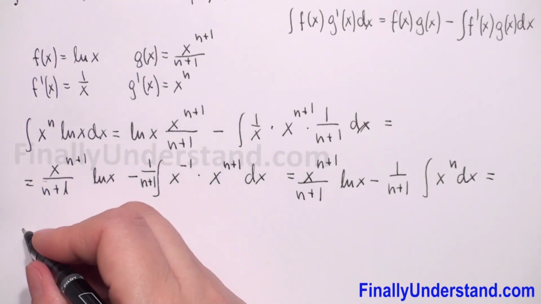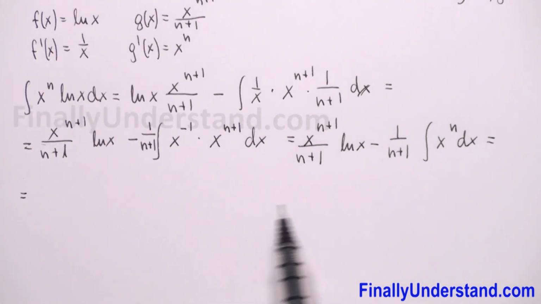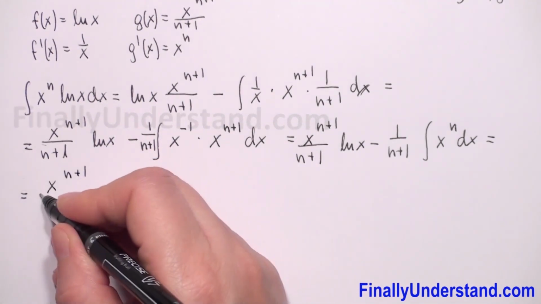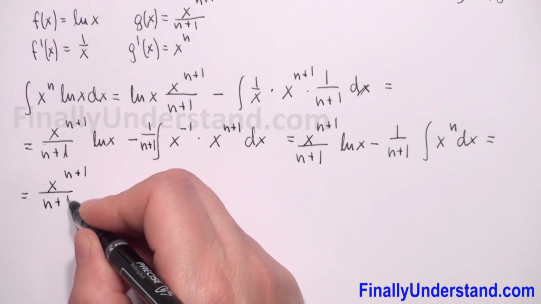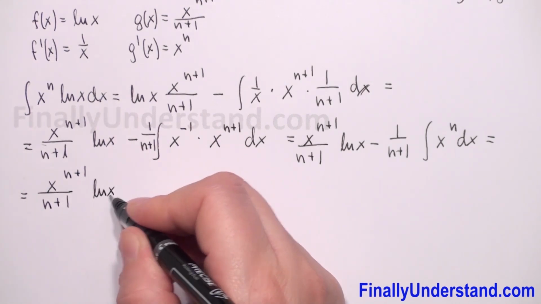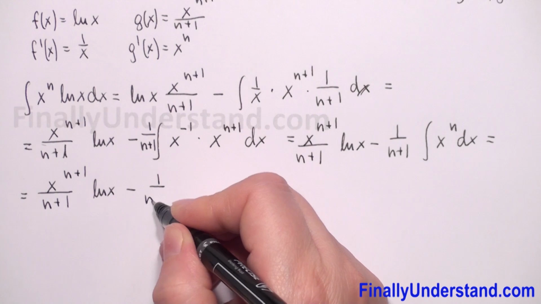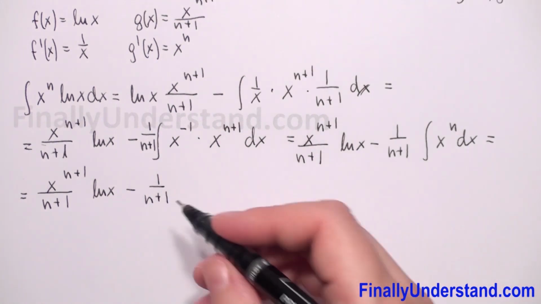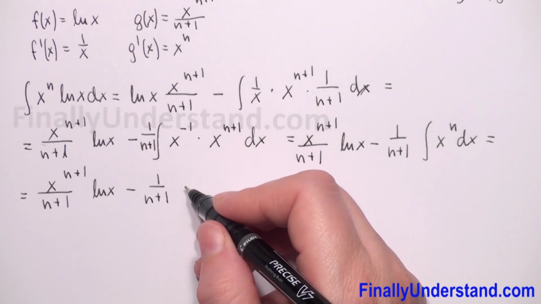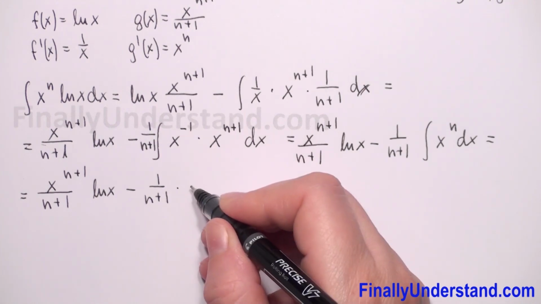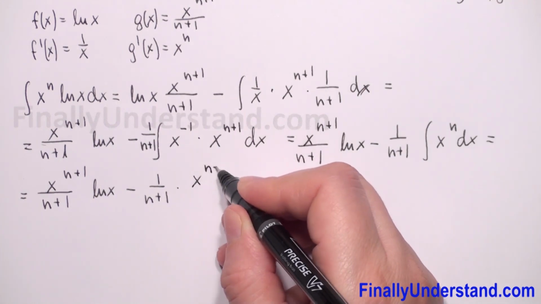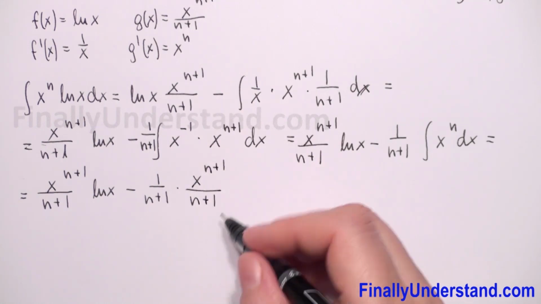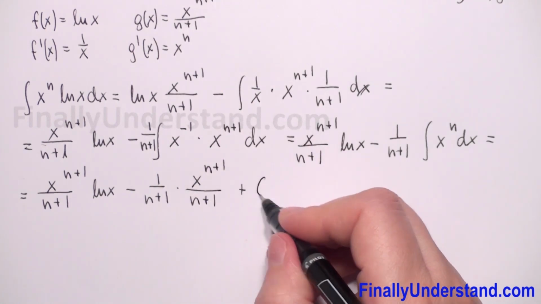So this is equal to x to power n plus 1 over n plus 1 natural logarithm of x minus 1 over n plus 1 integral of power function. So we will use the formula that this is equal to x to power n plus 1 over n plus 1 plus constant c, of course.